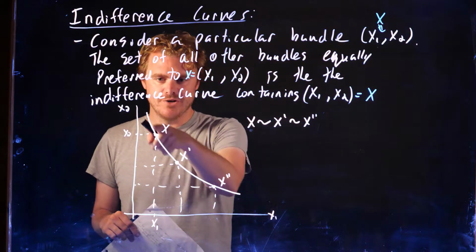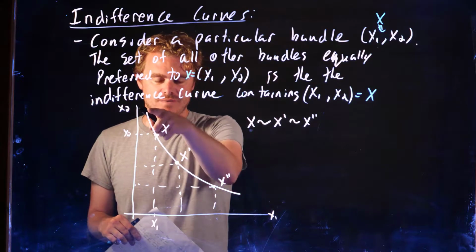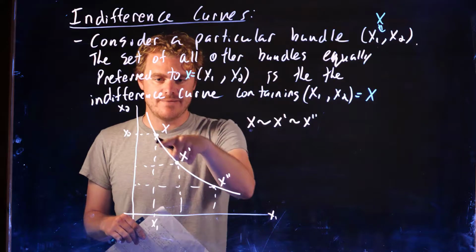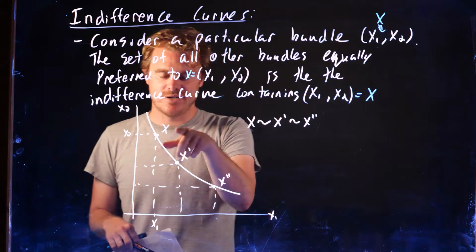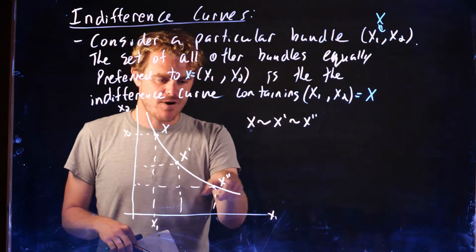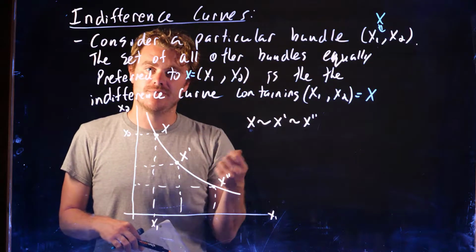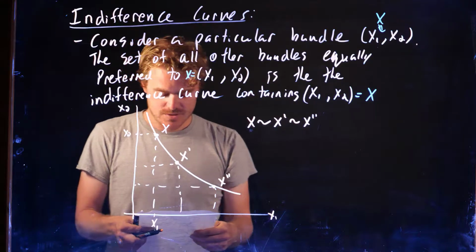So any bundle along this indifference curve, the consumer is indifferent towards. They get the same satisfaction of bundle X to bundle X prime and bundle X prime prime. They just have different combinations of good 1 and good 2.